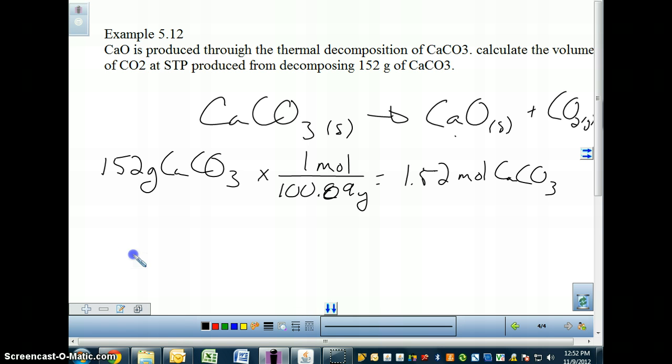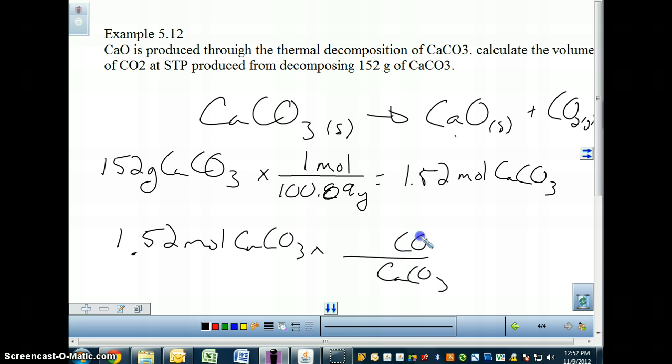So if I have 1.52 moles of calcium carbonate, I just do a simple mole-to-mole conversion with calcium carbonate on the bottom, and the thing I'm interested in, carbon dioxide, on the top. It's a 1-to-1 ratio, I get 1.52 moles.